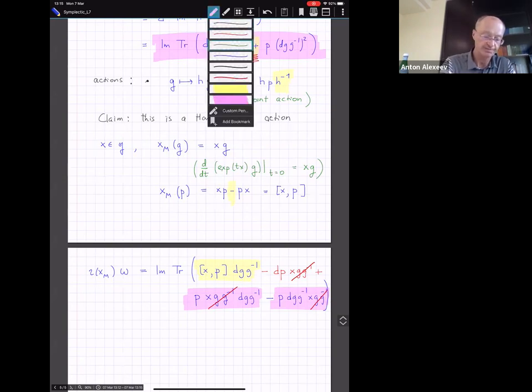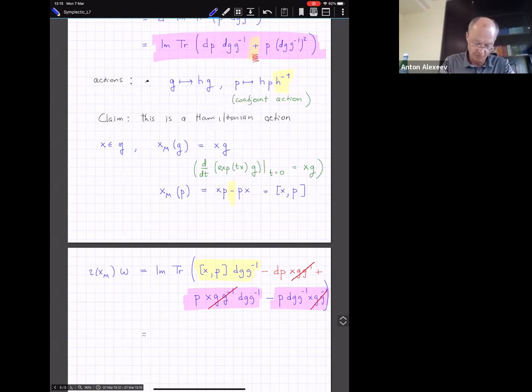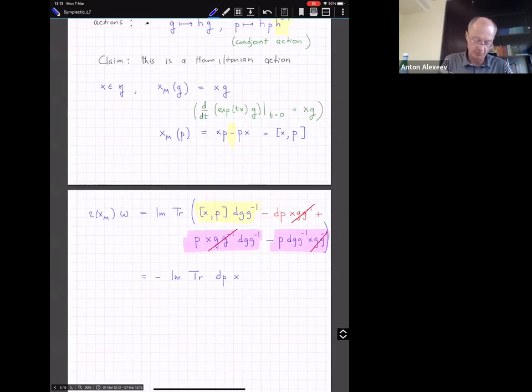So in the end, what we get is minus imaginary part trace dp times x, or I rewrite it one more time, minus d imaginary part of trace of px, or minus d of p is x.